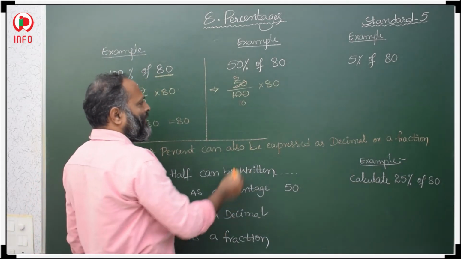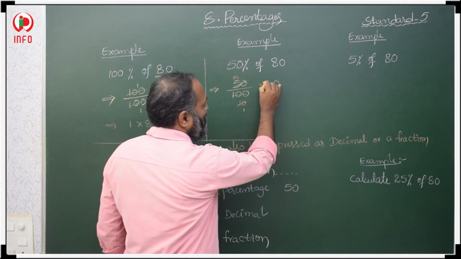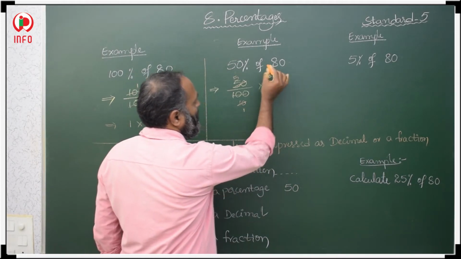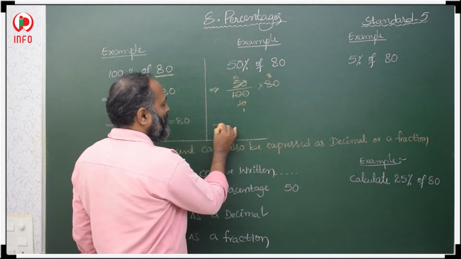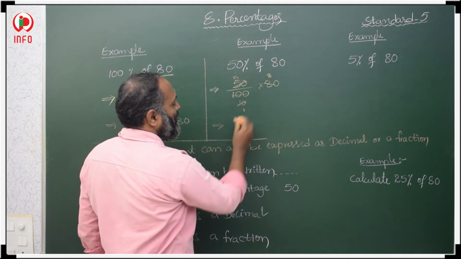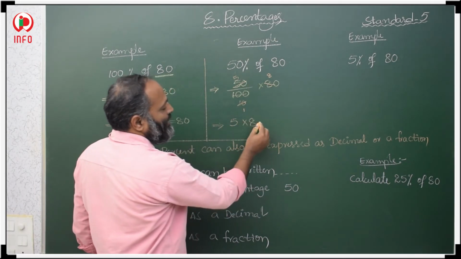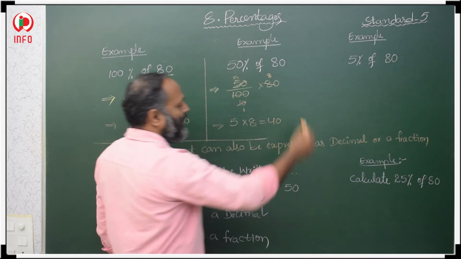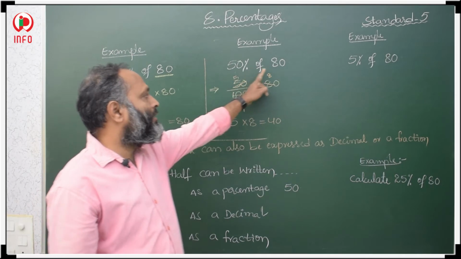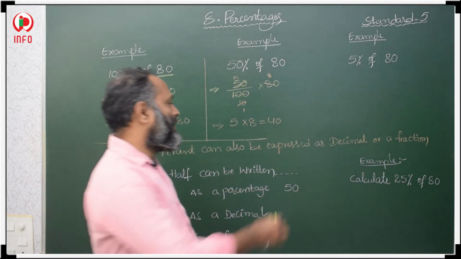Then 10 ones are 10, 10 eights are 80. What is left is 5 into 8. The 1 in the denominator is there, no need to write. 5 eights are 40. So 50% of 80 means 40 grids.